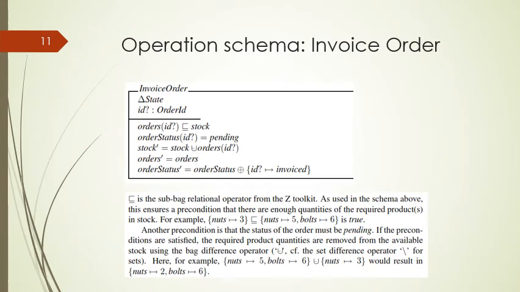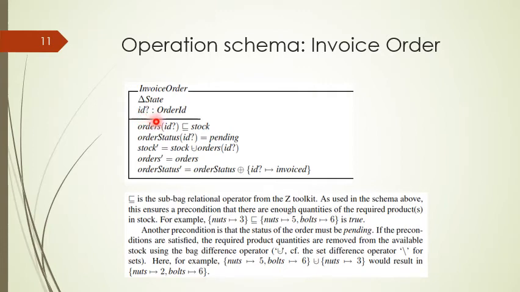Students, it is mentioned that whenever a new order is added into a system, its status would be pending. So in order to change the status of the order from pending to invoiced, we have an operation schema invoice order, and the id whose status is going to be changed would be taken as an input id.